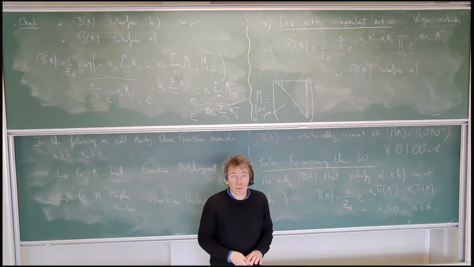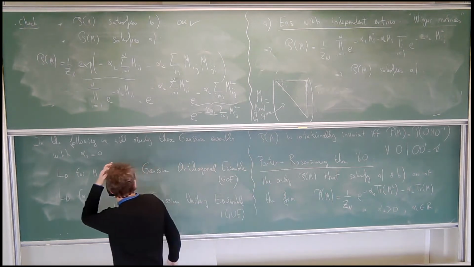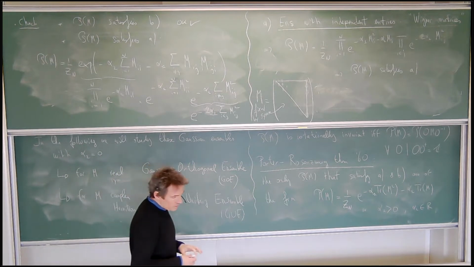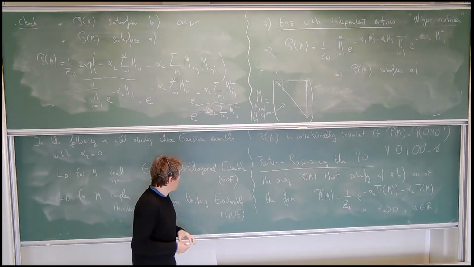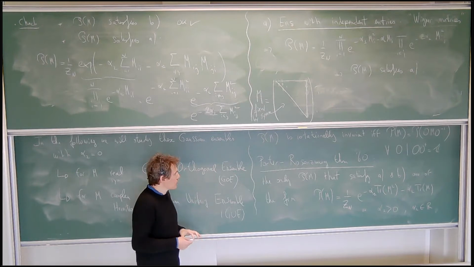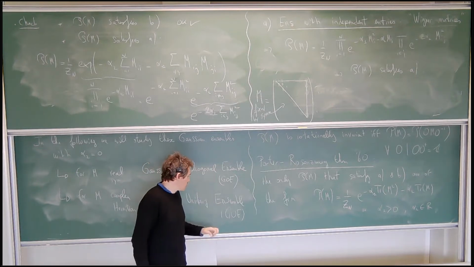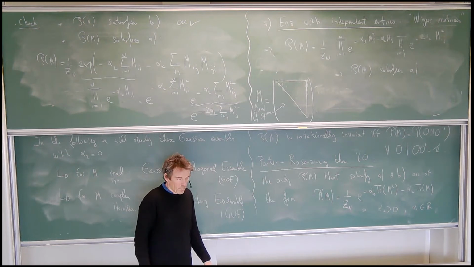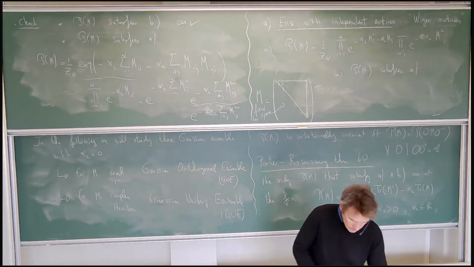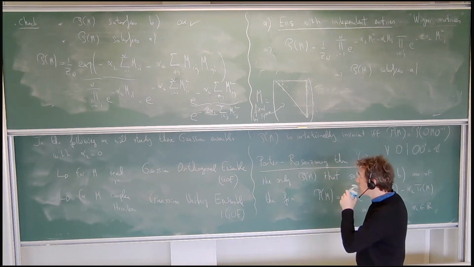These are the two main ensembles that I will discuss, and in fact, most of the things that we will compute during the tutorial will be for the GOE. Are there any questions? Okay.